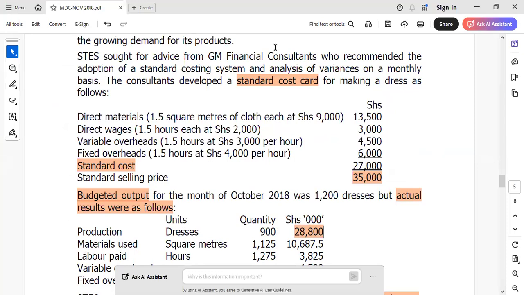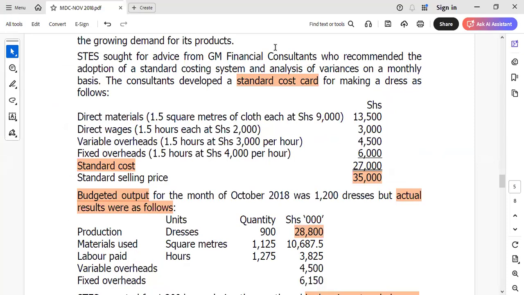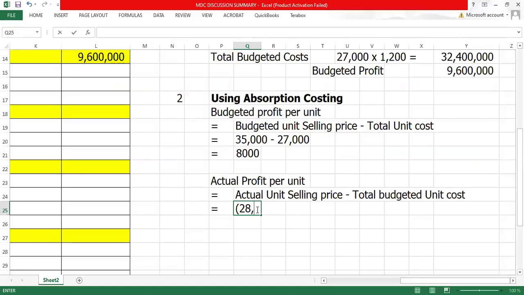I get 28,800,000, then I divide by 900 so that I can get the unit selling price. Then minus the total budgeted unit cost, which is 27.